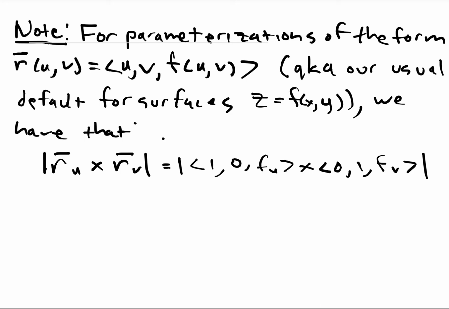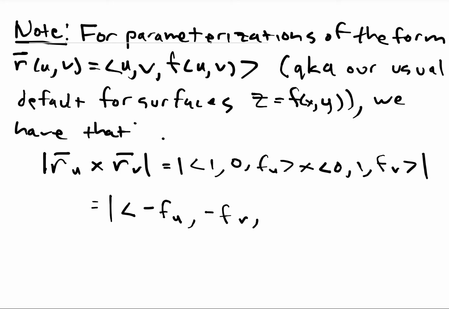And then when you go to actually set these up and take that cross product, what you'll basically get is this. I'll just give you the spoiler here. This is going to be a minus f_u in the first component. The second component is going to be a minus f_v.